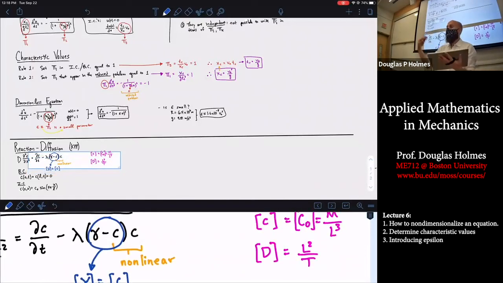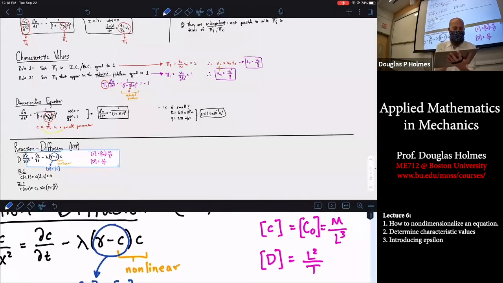But again, we can use our understanding of how dimensionally homogeneous equations have to behave to say that, well, I'm subtracting the derivative of concentration with respect to time from all this junk on the right-hand side, lambda times blah, blah, blah.